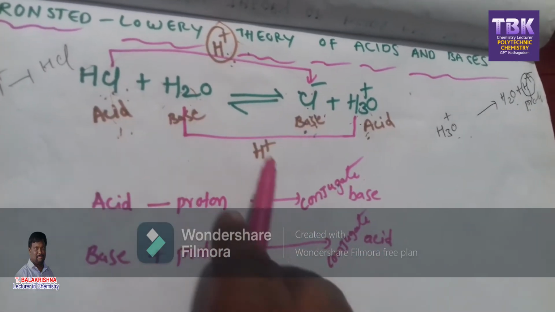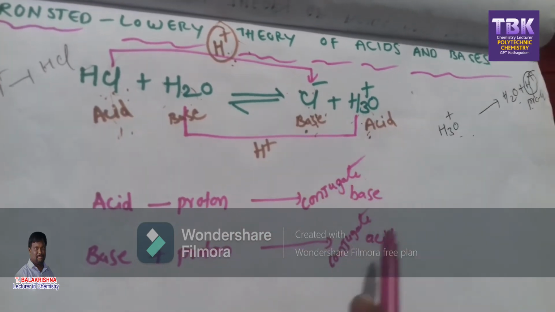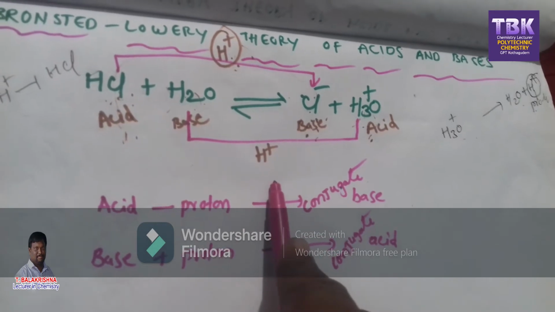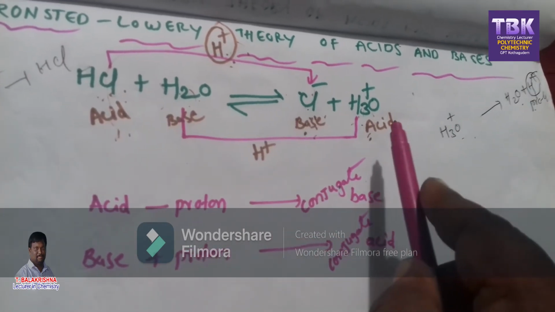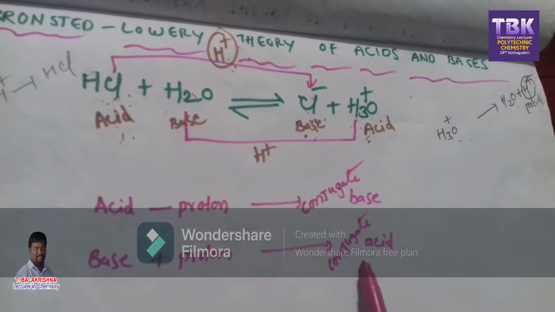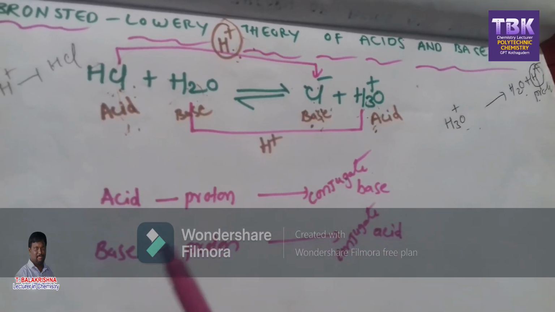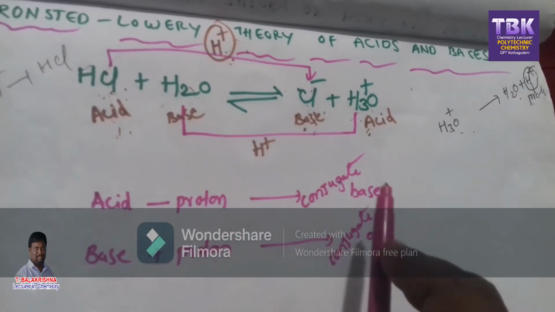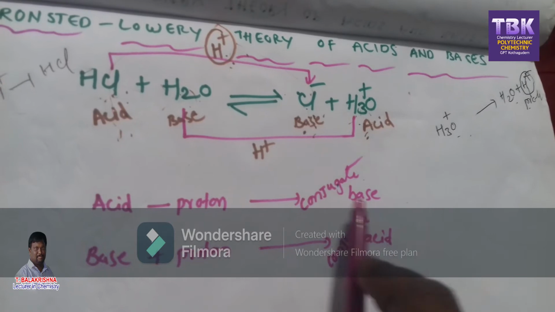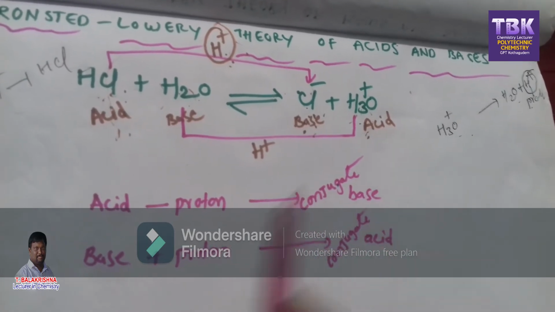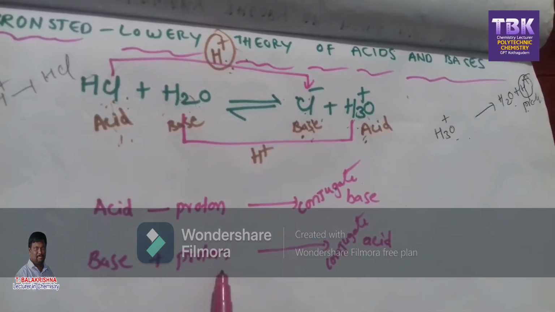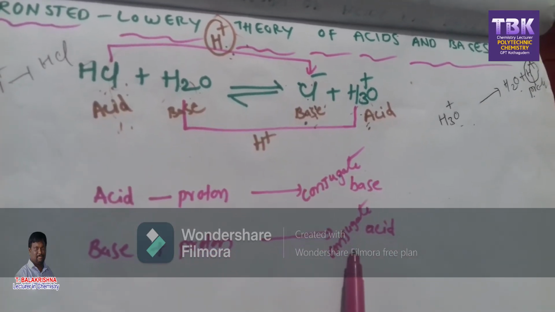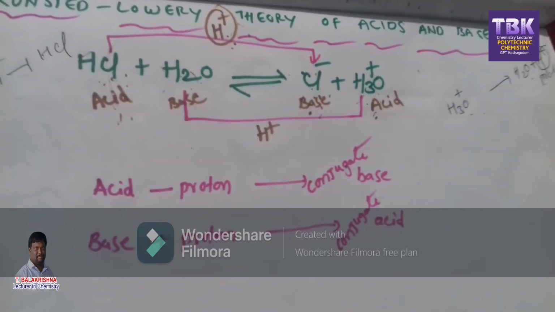When the base accepts the proton, it shows acidic nature, and such a type of acid is called a conjugate acid. Is it clear?